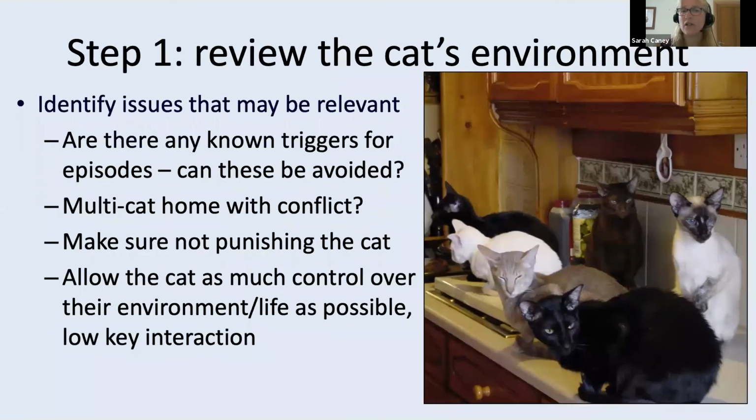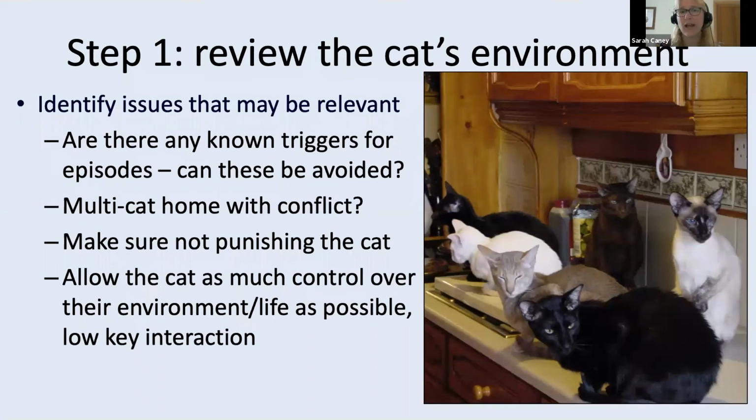And the first step is to look in the cat's environment and try and work out how we can de-stress life for the cat, and particularly in multi-cat households, it can be challenging. So this is another photo from the same household I showed you a photo of a few slides ago. The cat's not in the same social group. You can see it's a pretty busy household.